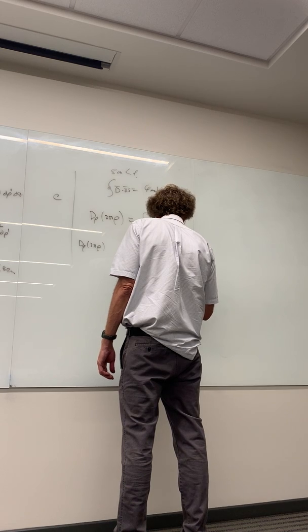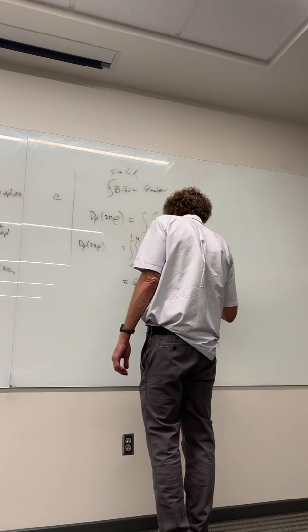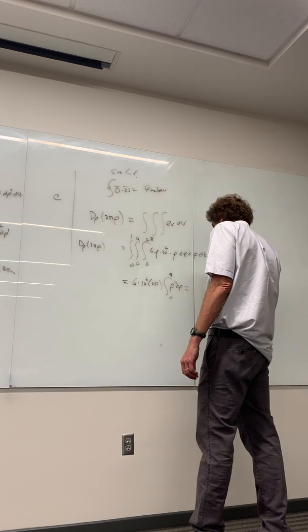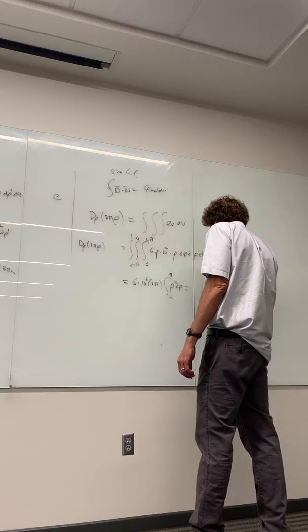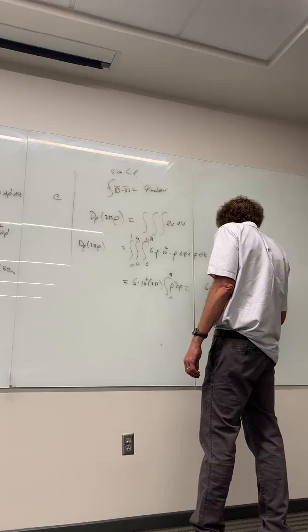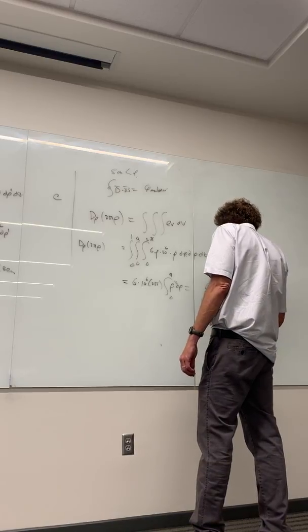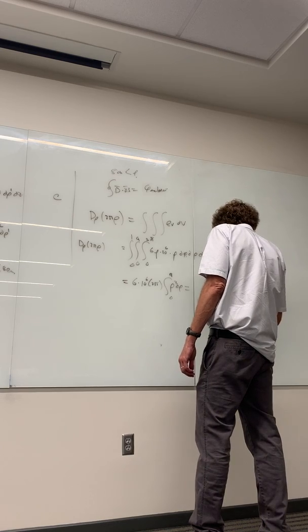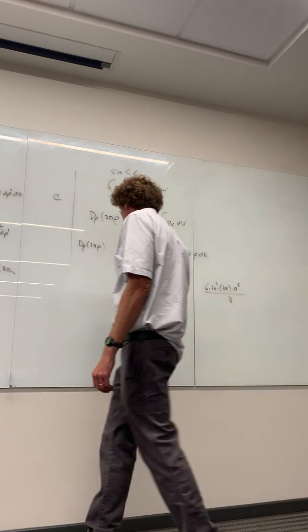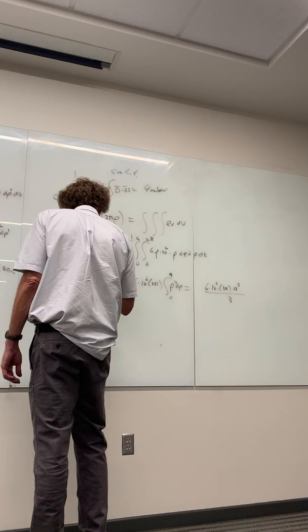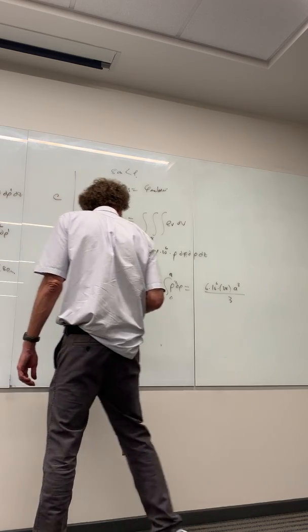And that would be rho squared d rho, which means this whole thing becomes 6 times 10 to the 6th times 2 pi times A cubed over 3 right here. And that equals D times 2 pi rho.